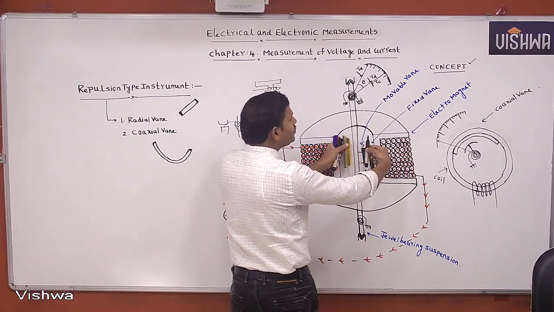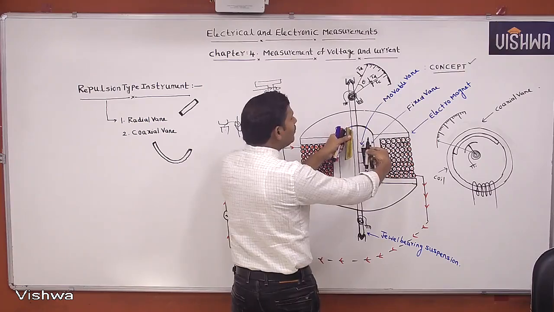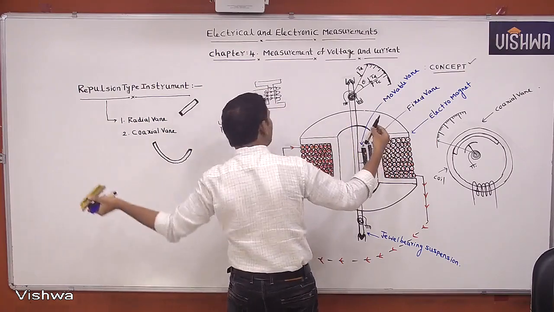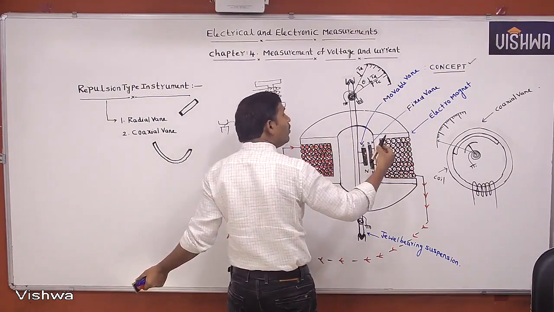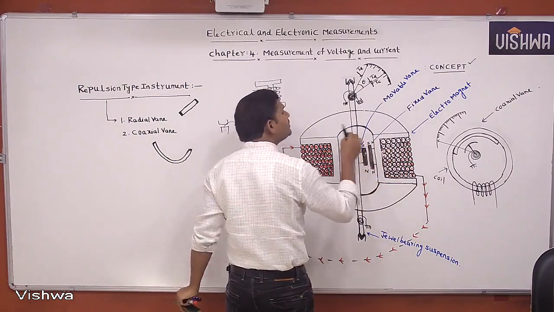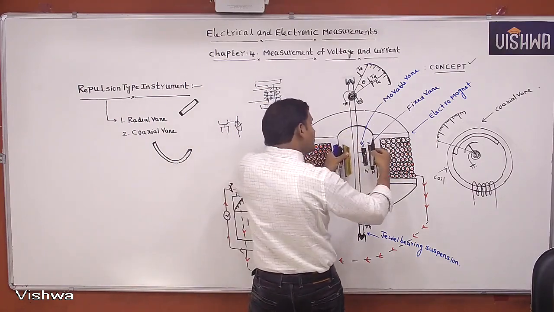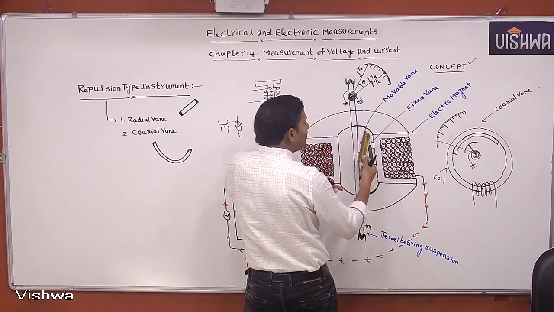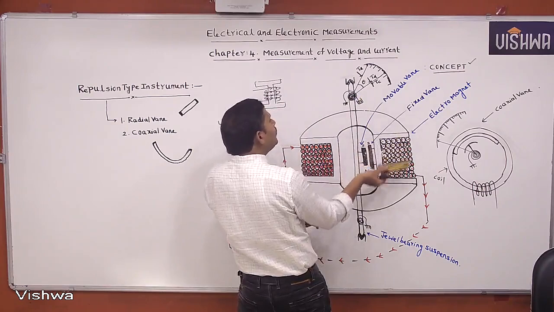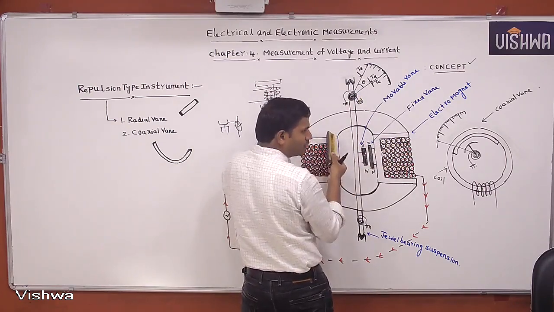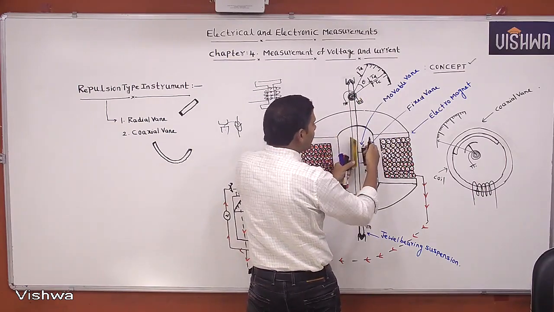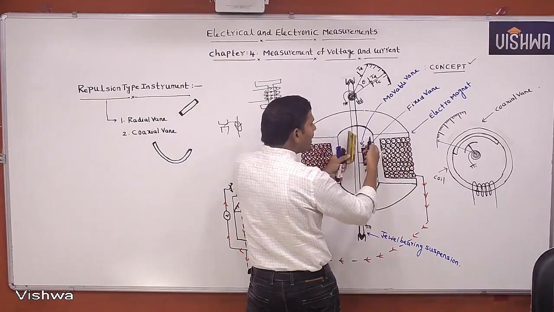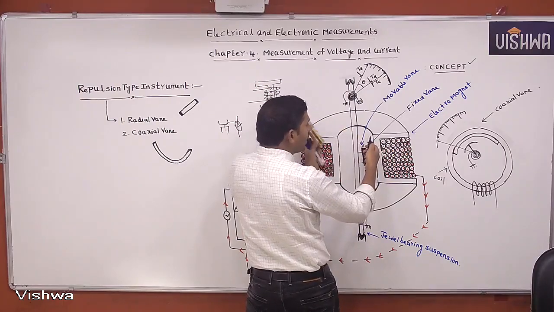Because of this repulsive force, this iron piece cannot repel and move away like that. Why? Because it is fixed to the spindle. There exists a repulsive force, but the iron piece will not completely repel and move out.